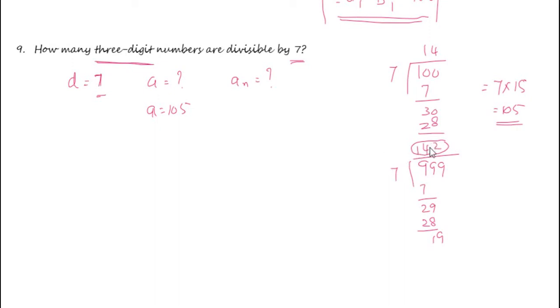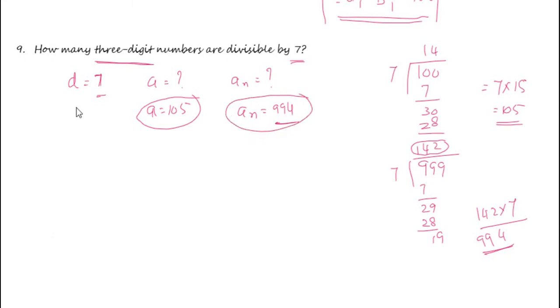So 142 into 7 is the last 3-digit number divisible by 7. So 142 into 7, 994. So An equal to 994. This is how you need to calculate the first term and the last term of the series. Now we need to find out n. So that is the answer.